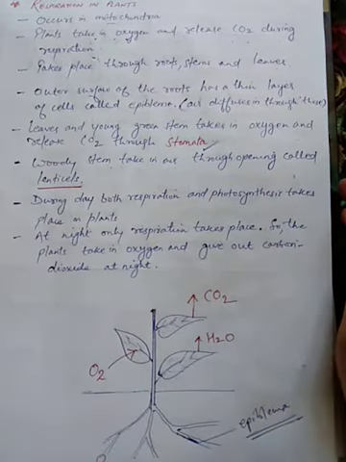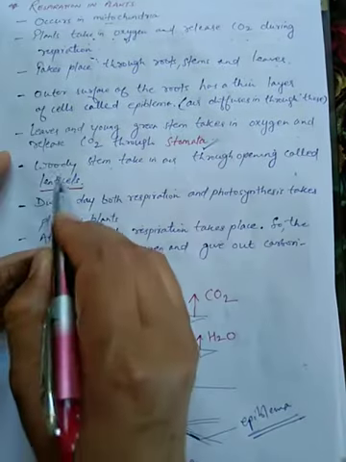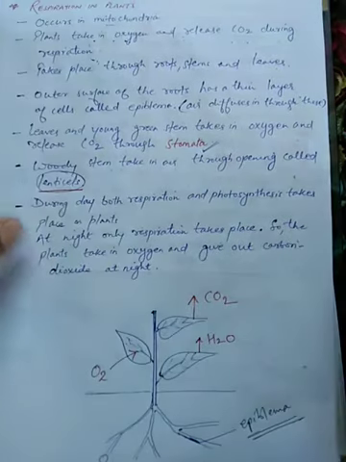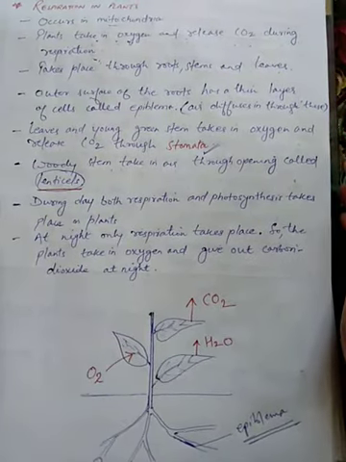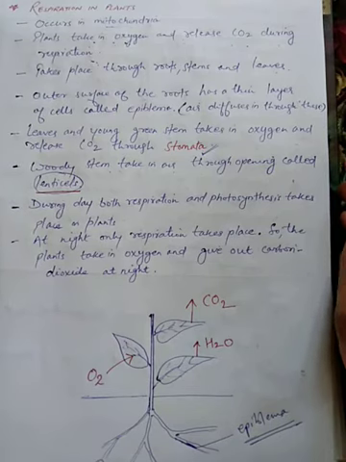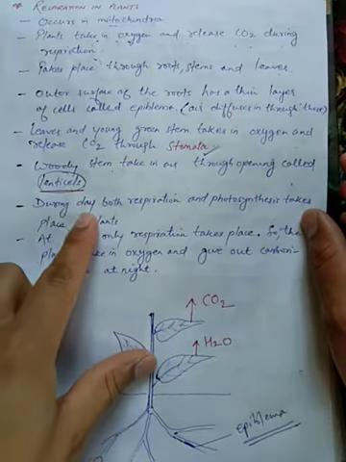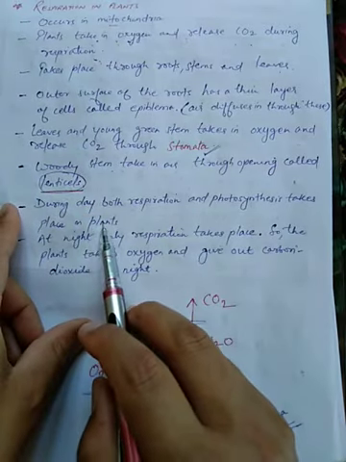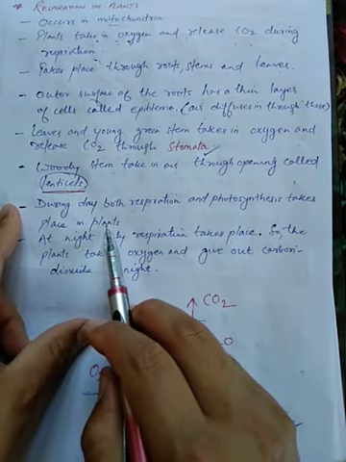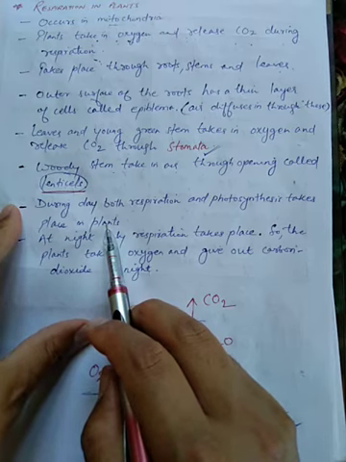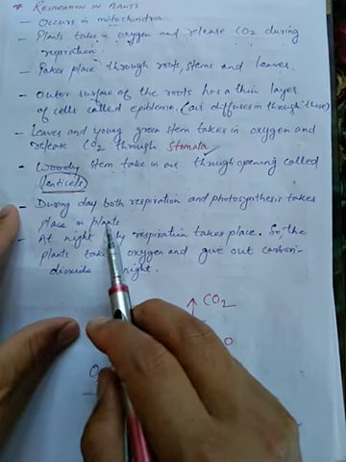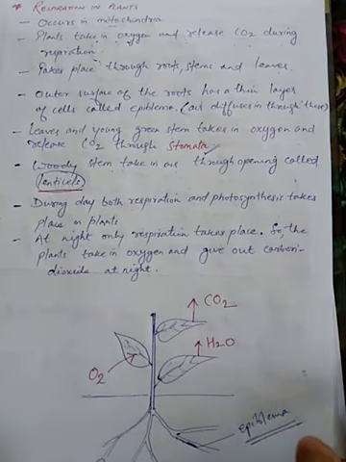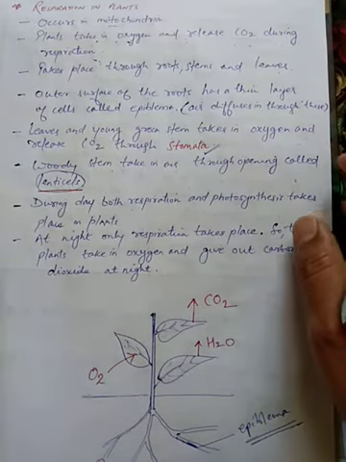These are also special structures in the plants which help plants to take in air. Now students, one important point: during the day both respiration and photosynthesis take place in plants. So in the daytime respiration is going on as well as photosynthesis. At night the process of photosynthesis does not take place.